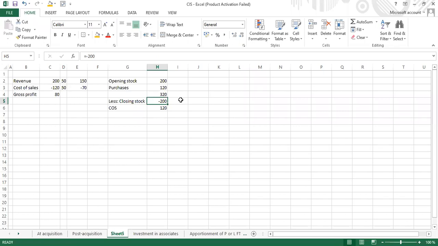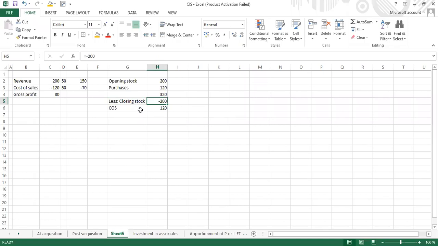So inside this closing inventory, there's a profit element sitting inside that must be removed. Otherwise, apart from the fact that it's intra-group profit, it may also be violating the principle under IAS 2 because there's a profit element inside this 200. As a result, you also have to adjust this closing stock for that profit element.